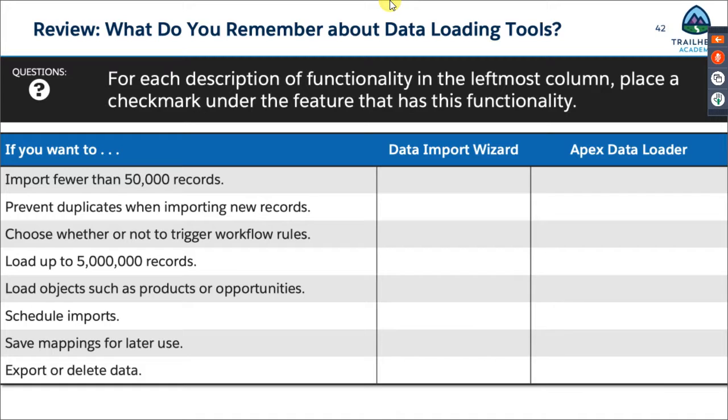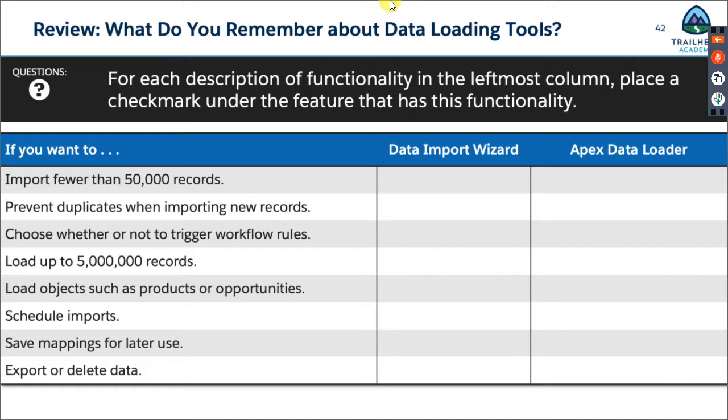Which one allows you to load other objects like, for example, products and opportunities? Data import wizard only allows you to import a subset of the standard objects and any custom object. For the standard objects, you have cases, contacts, leads, accounts, objects, very, very limited ones.